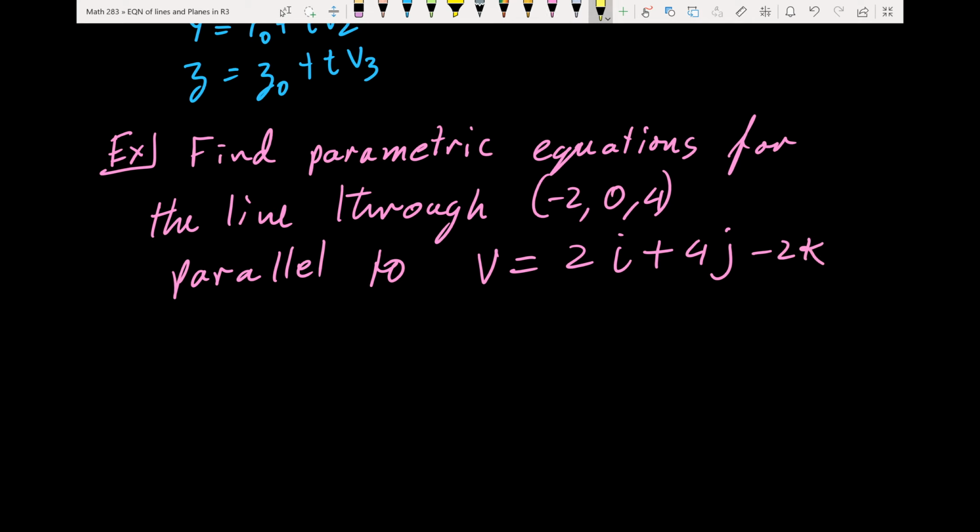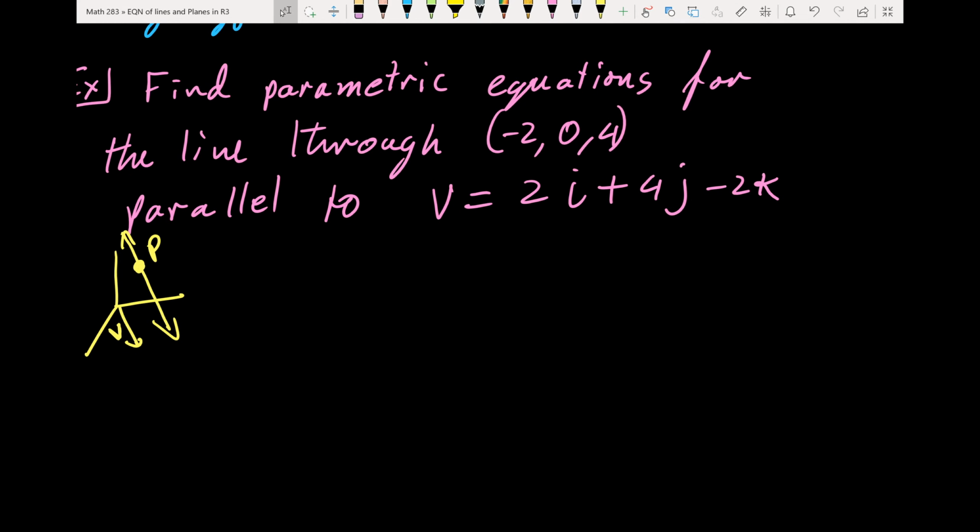So if I'm drawing this in the third dimension, here's the v, and it's going through the point negative 2, 0, 4. So essentially what we have to do is find this line that's parallel to it. That's what we need to find. And it's super easy.